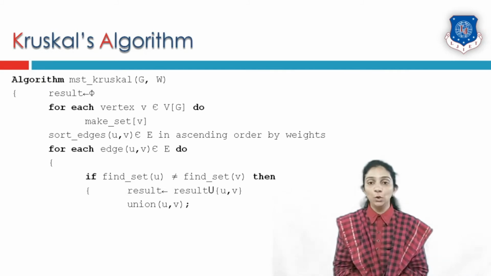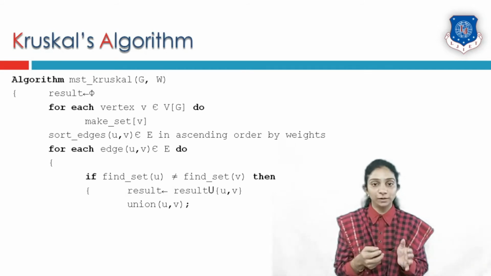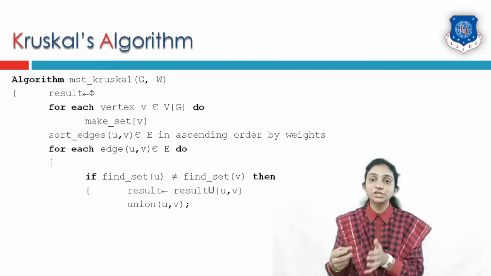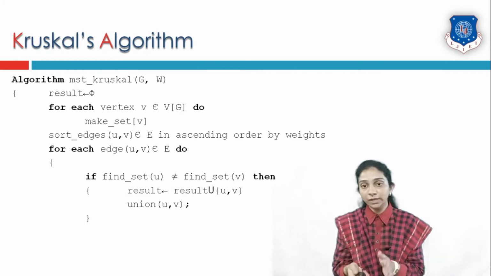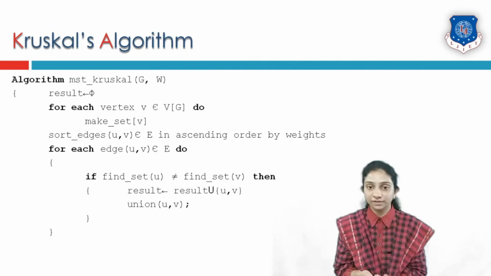Next we do the union of vertices. That is, the set which contains vertex u is taken union with the set which contains vertex v. Once they are united, the next thing is to check for another edge.